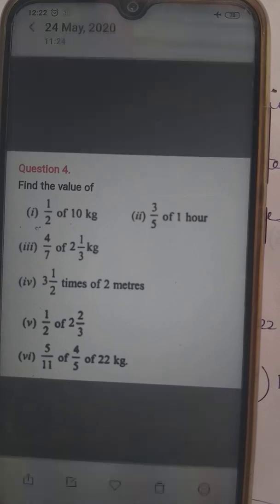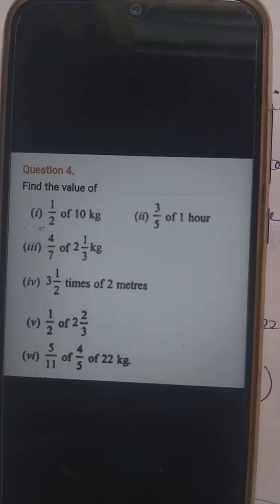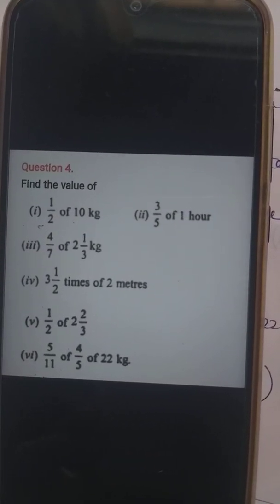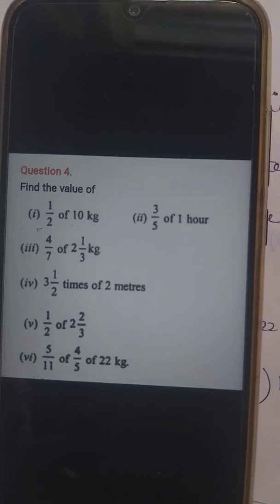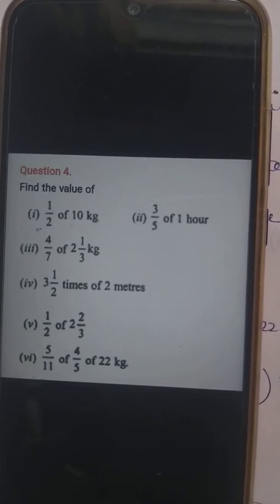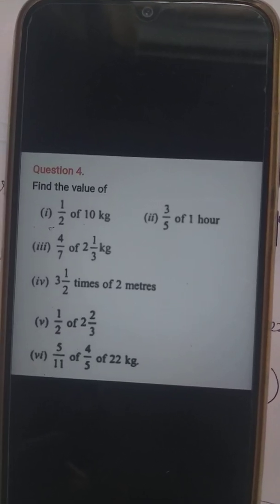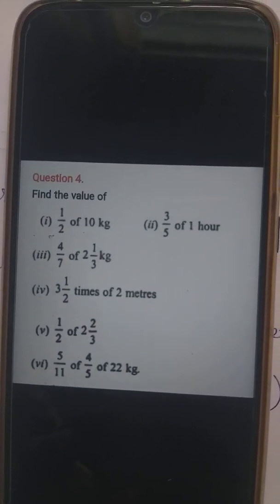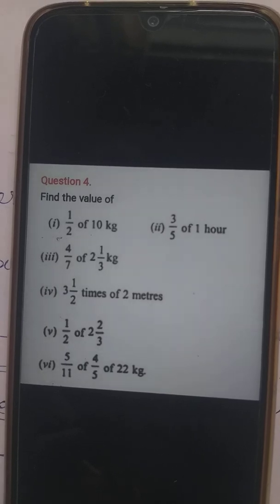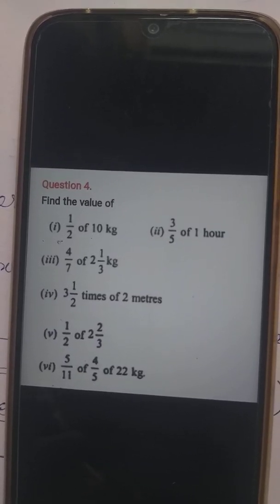And question number 4. So questions 1, 2, 3, 4, all the remaining sums that we have not done, you have to do for your practice. I hope you have made a book for this and you are writing down all the sums that I am giving you for practice.